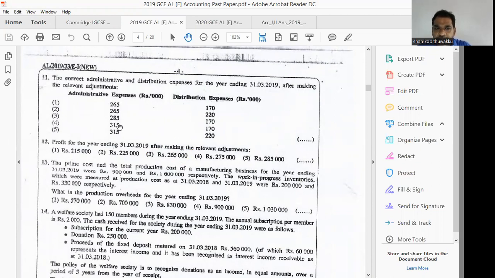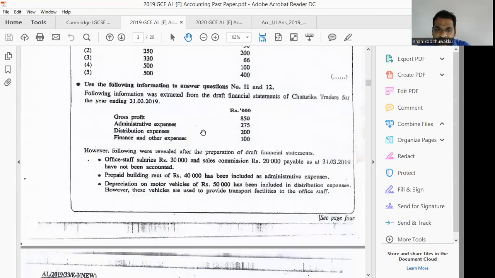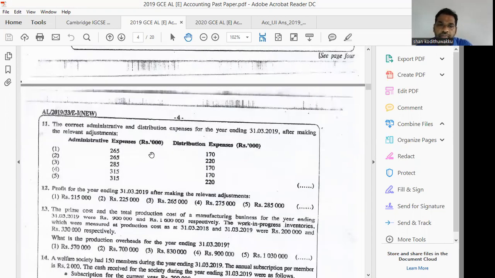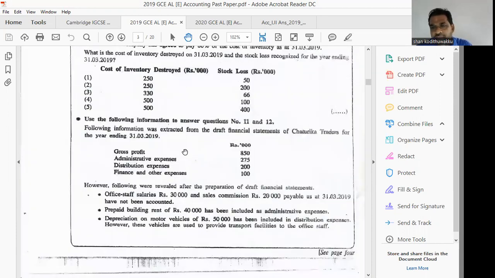Addition of those two is 485. 485 plus given finance and other 100 is 585. You deduct 585 from the gross profit 850. 850 minus 585 equals 265. That is answer 3. Therefore, you have to be careful in the examination when you select the correct answer.